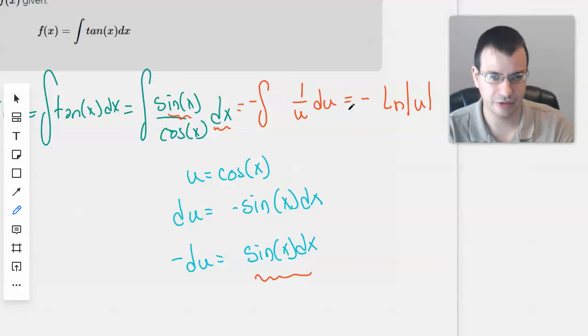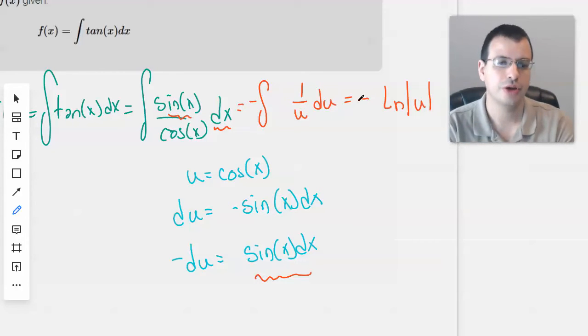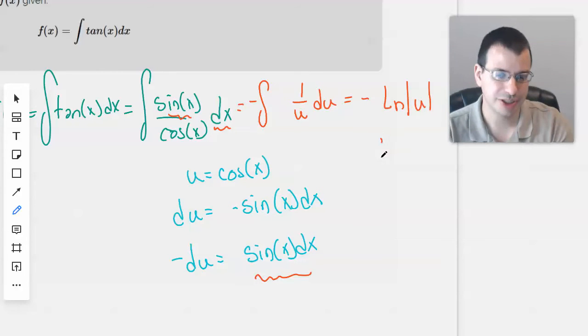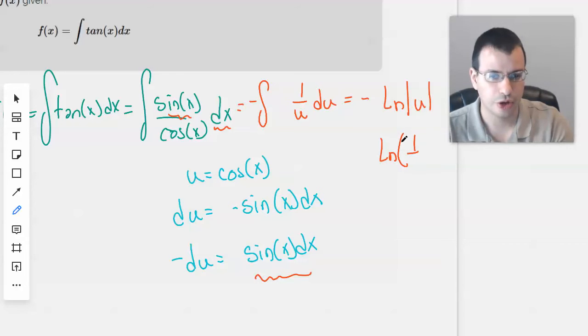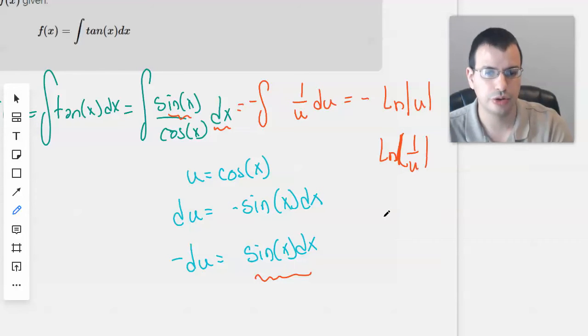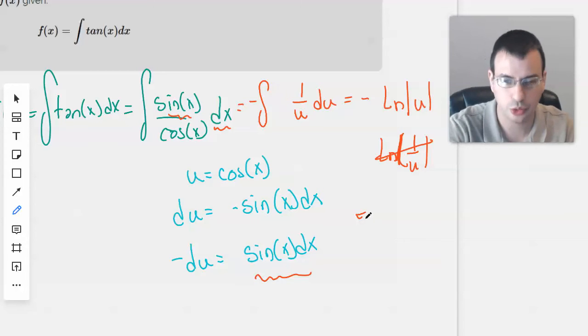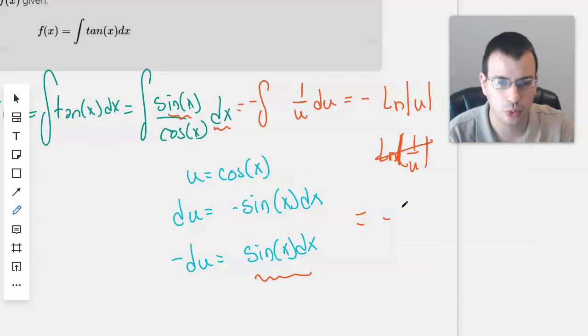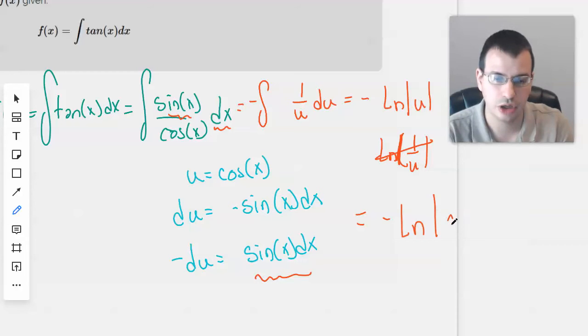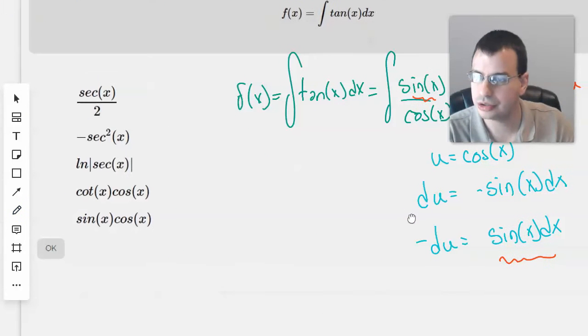In this negative, remembering your log rules, this will then be the same as natural log of 1 over u. But I'm not at that stage yet. So then we'll undo the substitution. We get negative natural log of cosine of x, which we might be able to say is, let's see if that's a possible answer.